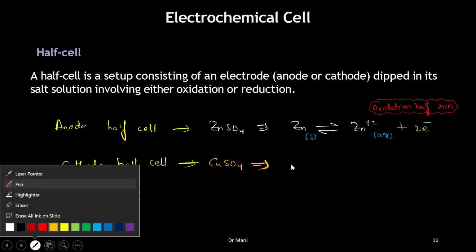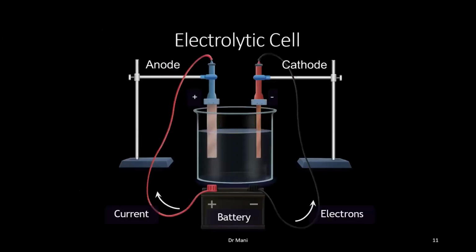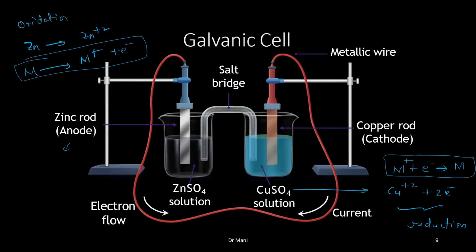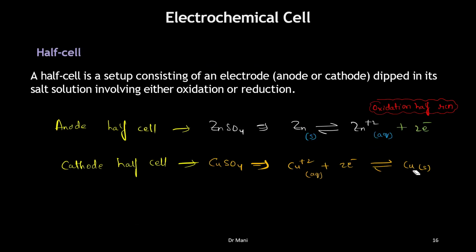Whatever electrons are there, they will pass through the electrode and reach here. So Cu2+ aqueous plus 2e minus converts into copper in solid state. So 2e minus converts it into Cu. This is a reduction reaction.